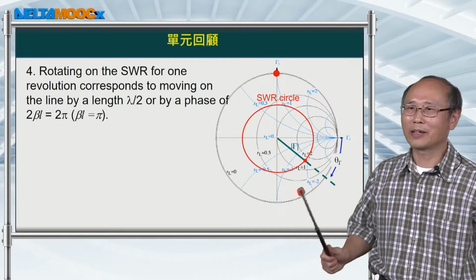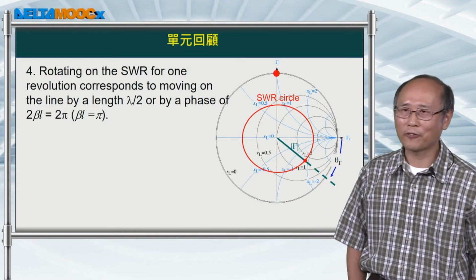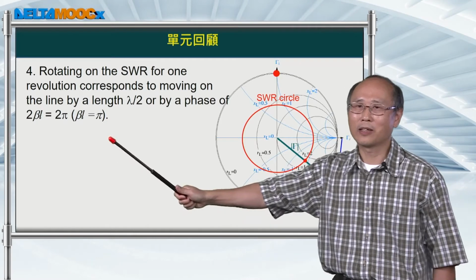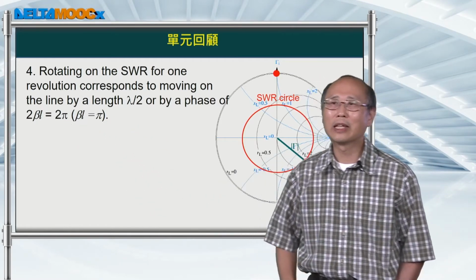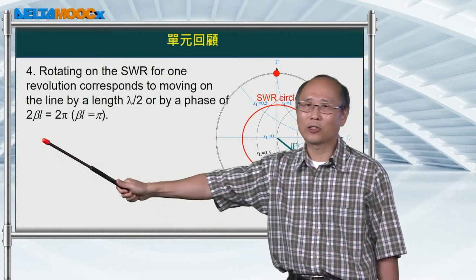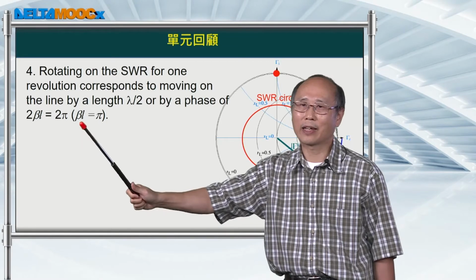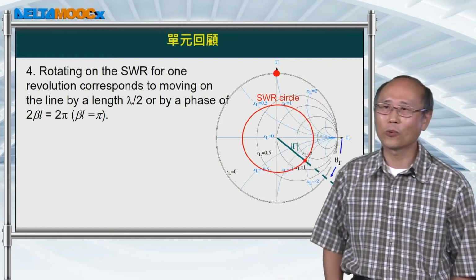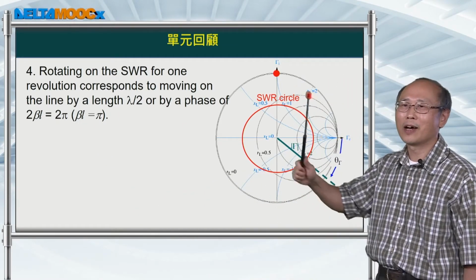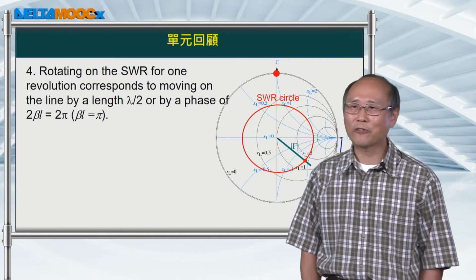The total length of this circle corresponds to a 2 pi phase shift, but it also corresponds to the length of the transmission line. If we equate 2 beta L equal to 2 pi, then you can find that the total length for one revolution of the standing wave ratio circle is equal to half a wavelength.